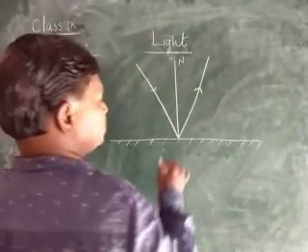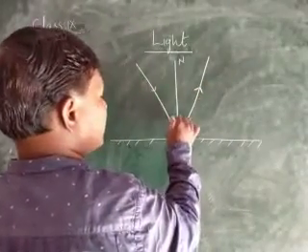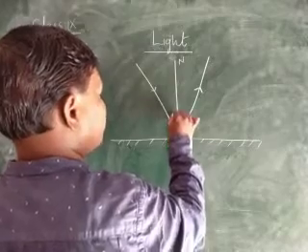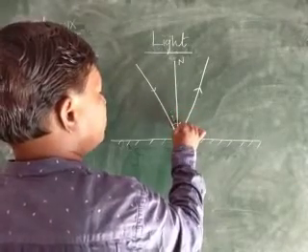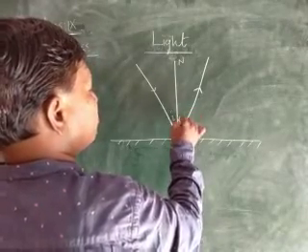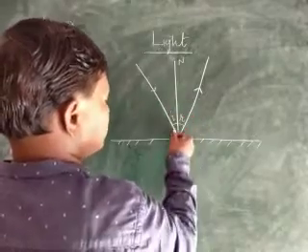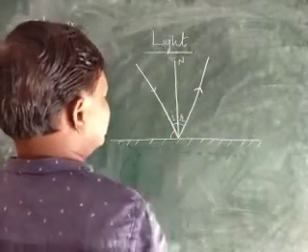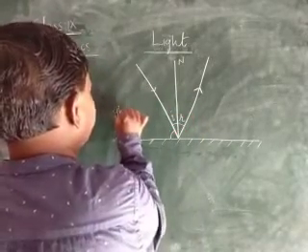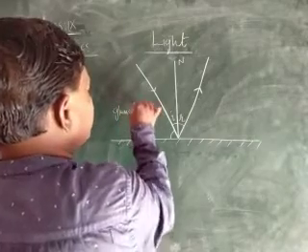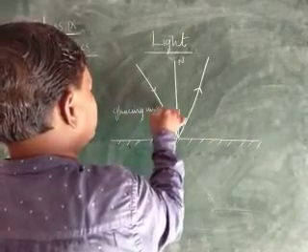The angle between the incident ray and the normal is called the angle of incidence, children. The angle between the reflected ray and the normal is called the angle of reflection. This angle is called the glancing angle of incidence.